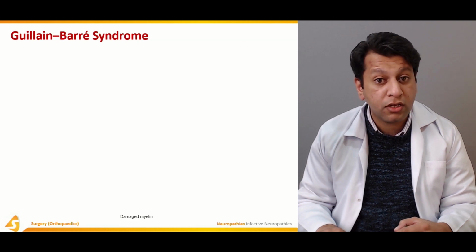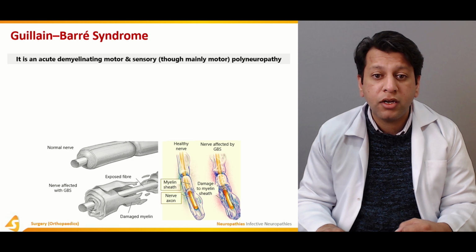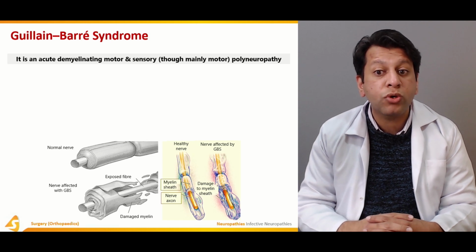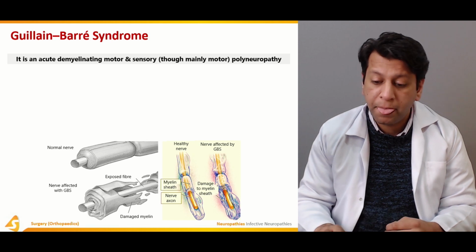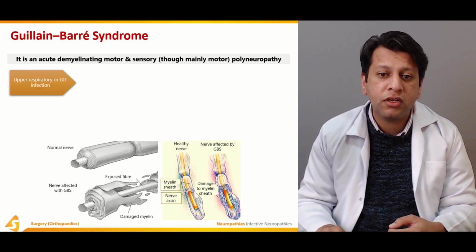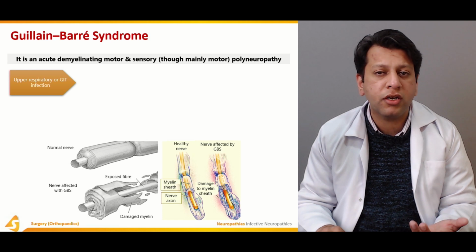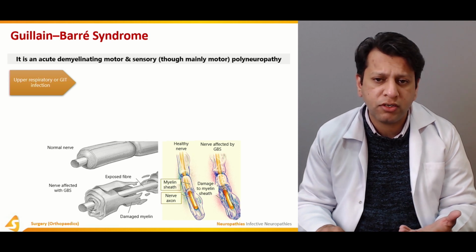Coming to GBS or Guillain-Barré syndrome, it is an acute demyelinating, motor and sensory, although mainly motor, polyneuropathy. It usually follows an upper respiratory or GIT infection, which is mostly viral in children.